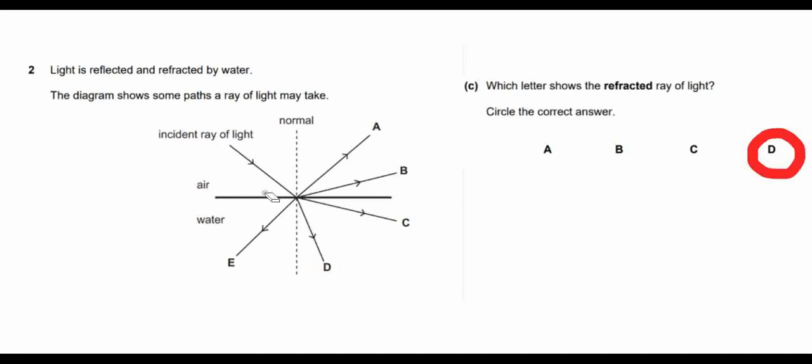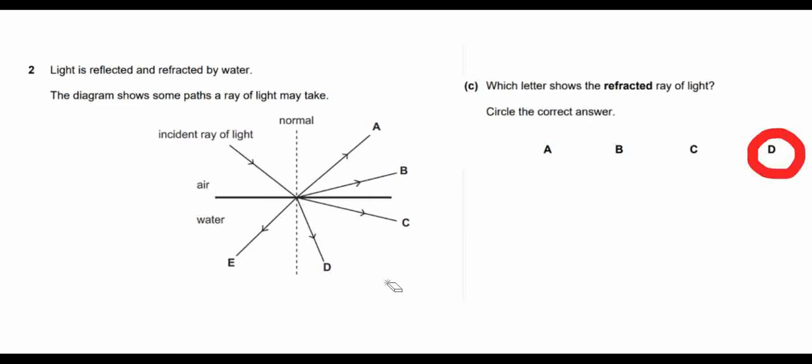How do we choose D? This is the incident ray. It comes from air, less dense, to water, more dense. So the ray is refracted towards the normal line. So we choose D, not C, because C is away from the normal line. It would go in a straight line if there were no refraction.